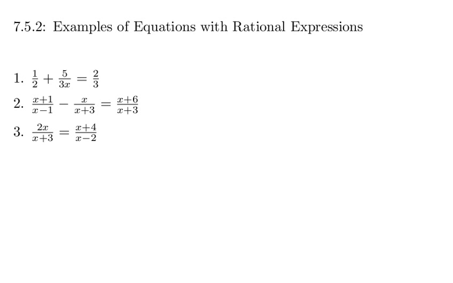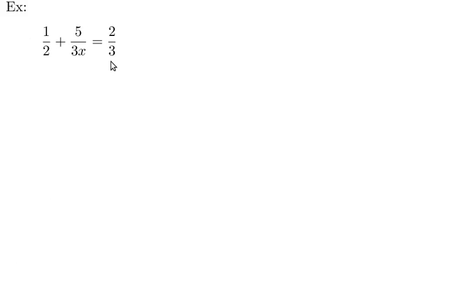So for the first example, we have 1/2 plus 5 over 3x equals 2/3. So 1/2 plus 5 over 3x equals 2/3.